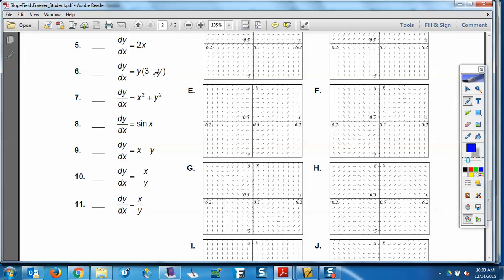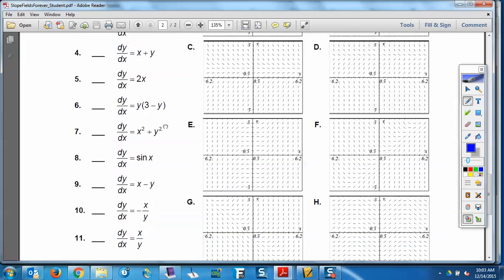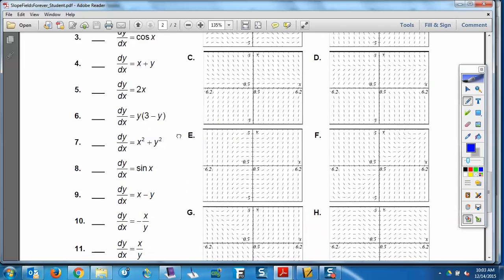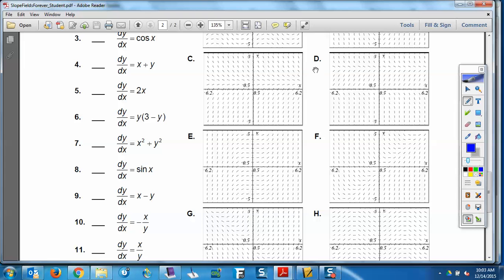But we were saying that if you get one that just has y's in it, what did we say 6 was? D. So when you get one that just has y's, you know you're looking for ones that have horizontal rows of slopes that are the same. So then you got to plot some points. Well, what I would do is I would usually look, I like to see 0. Slope of 0 is easy to find, I think.